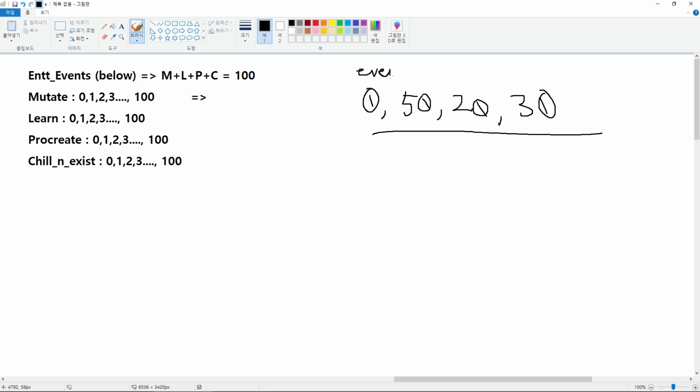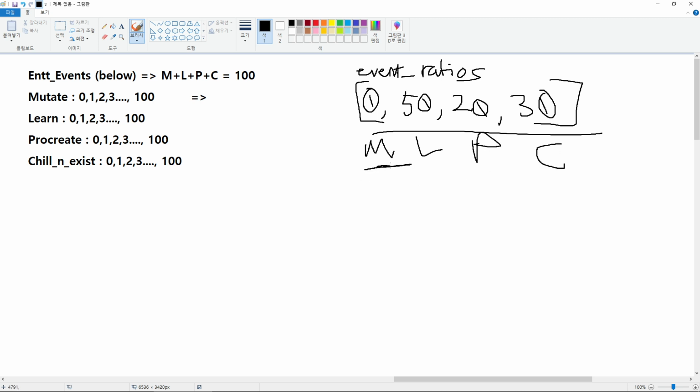This is the list of entity event ratios, given for MLPC.